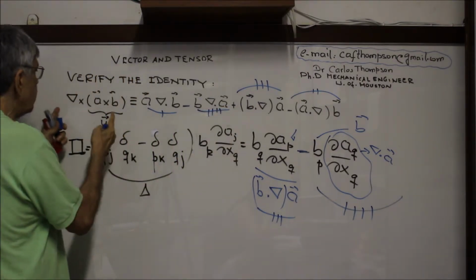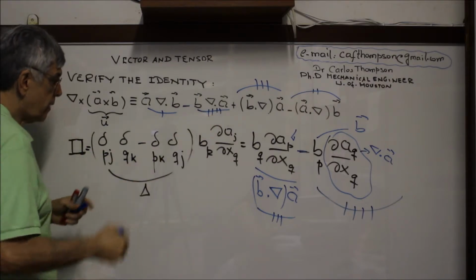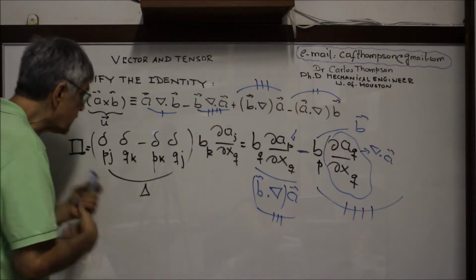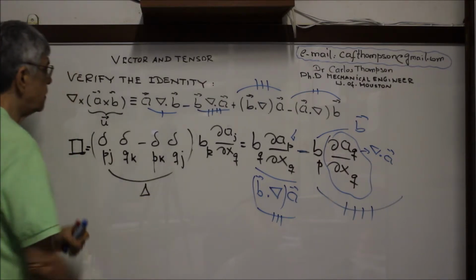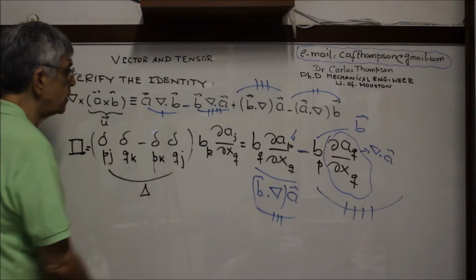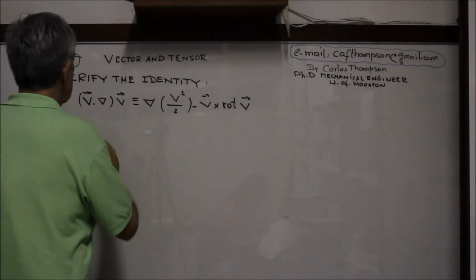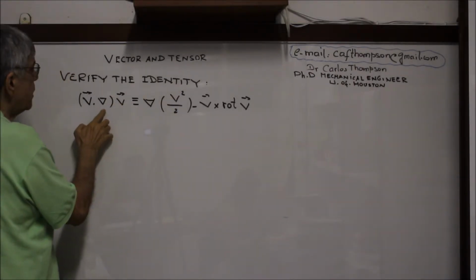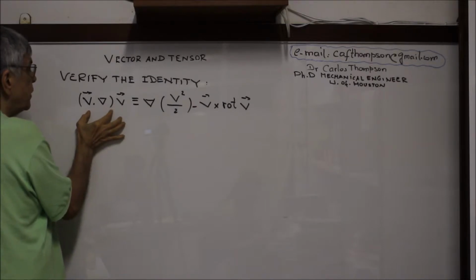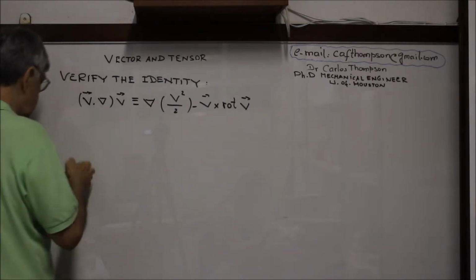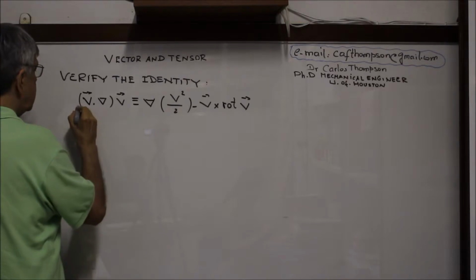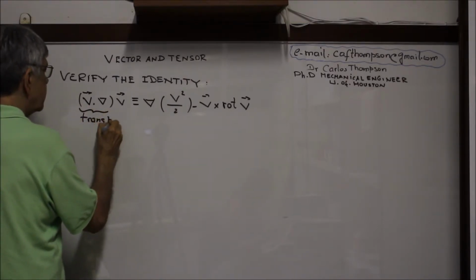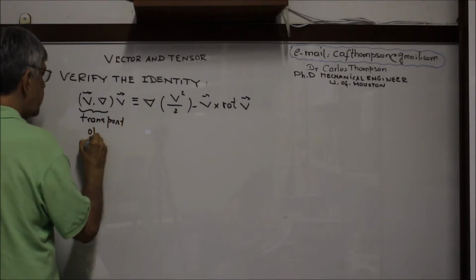So we proved this identity right here, just using, okay, the permutation symbols and this very, very important identity. Verify the identity. V dot nabla, this is an operator, the transport operator.